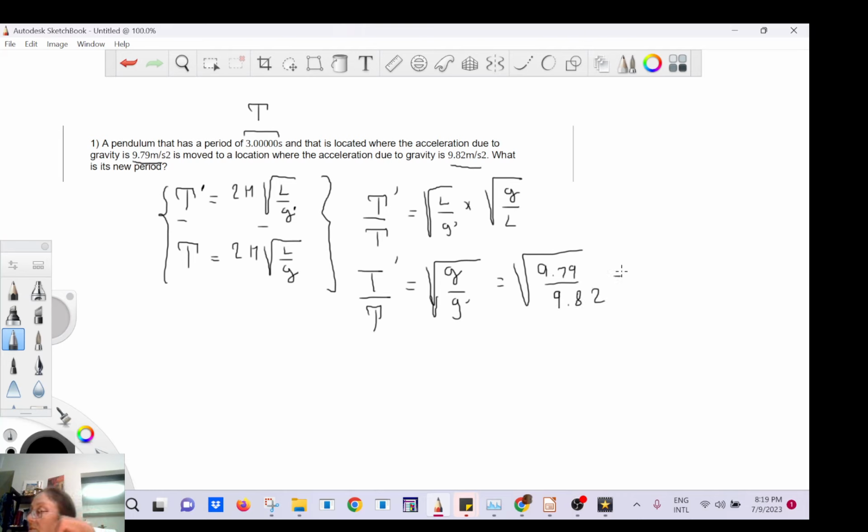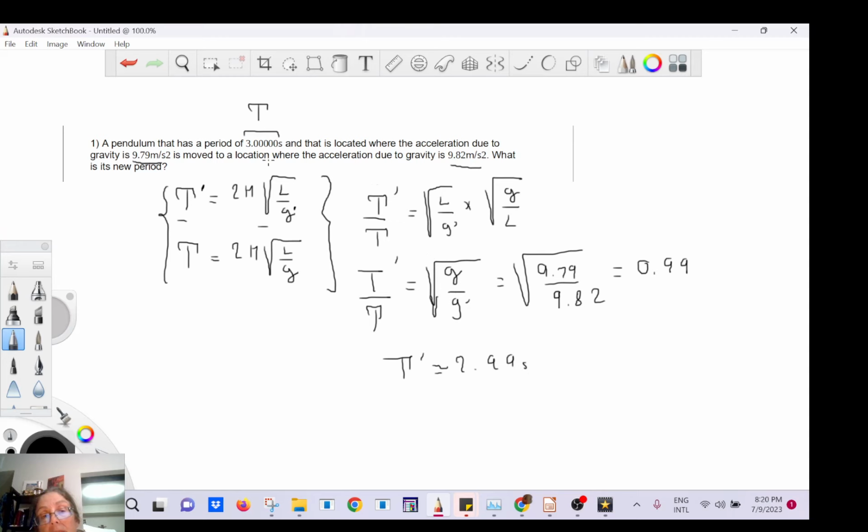And the ratio that you find, I think I found 0.99, something like this. So the new period is about 2.99 seconds.